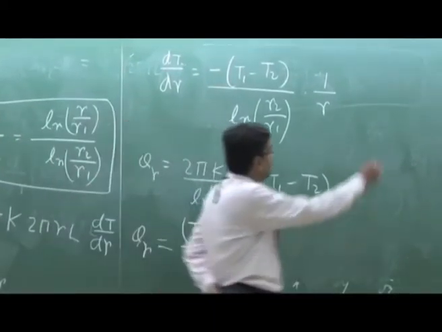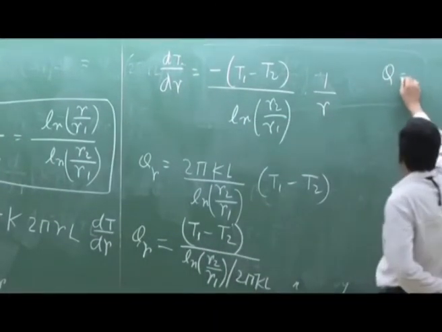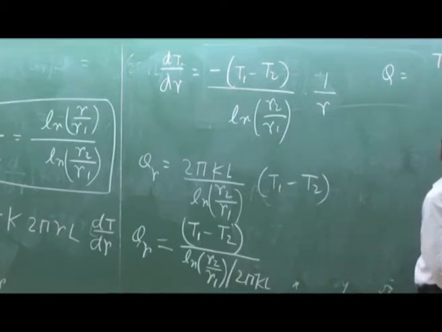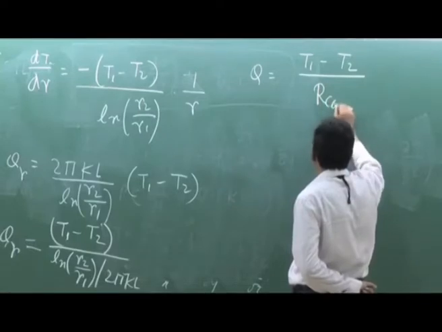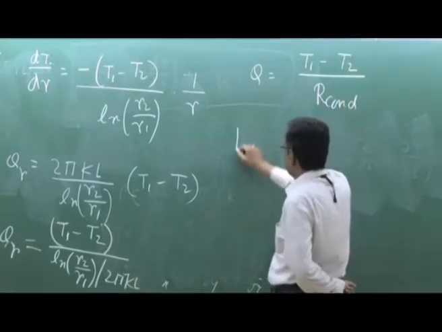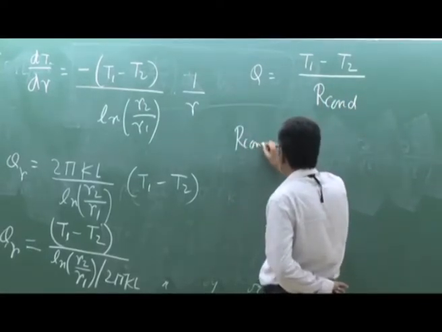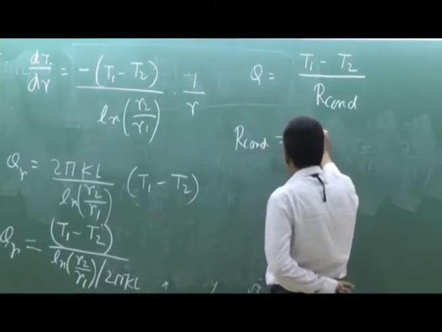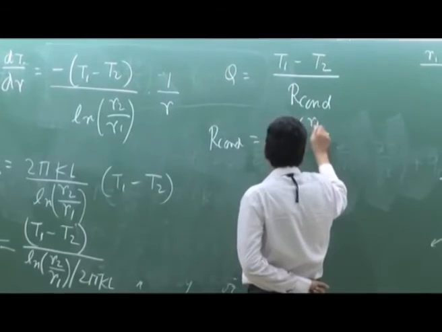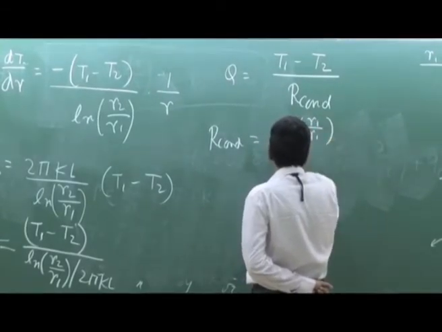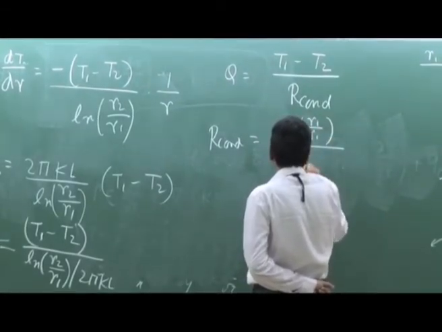So if I write Q equals (T1 minus T2) divided by conduction resistance, this conduction resistance is equal to ln r2 by r1 divided by 2 pi L k.